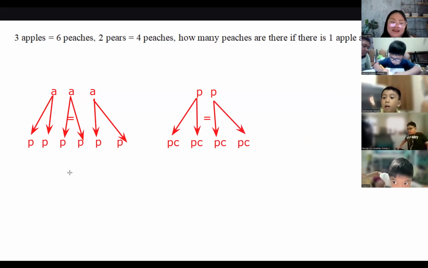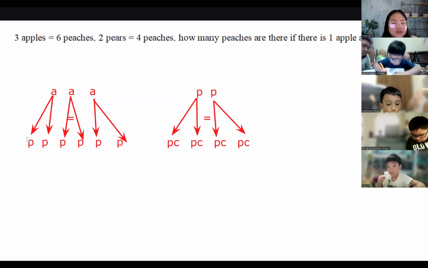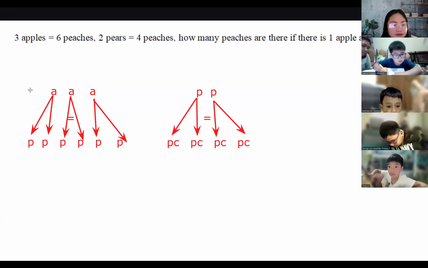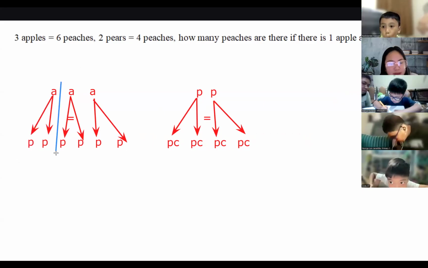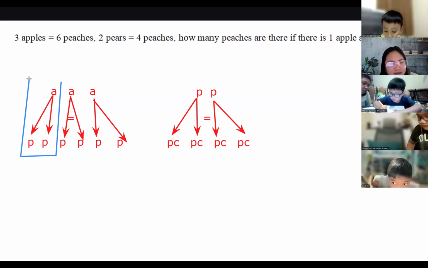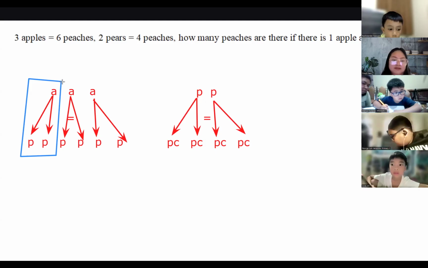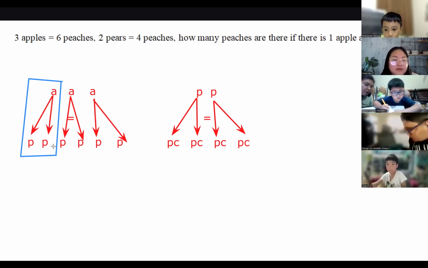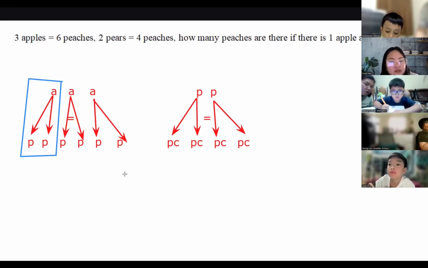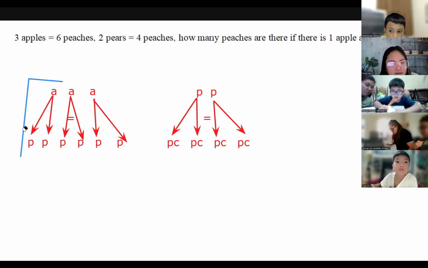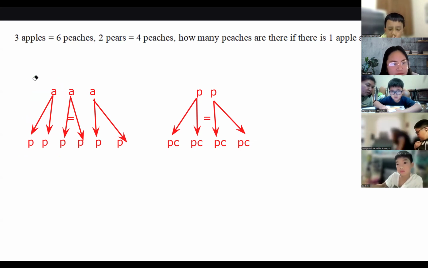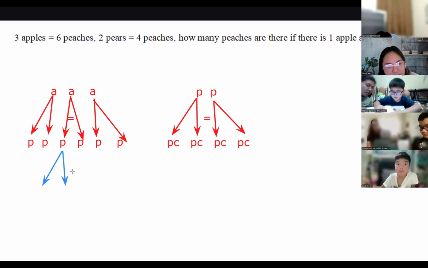You got it? Now, the question is, one apple and one pear, how many peaches are there? So let's pick one apple here, like this. And that would be equal to two pears. You see that? So now, you know that one pear is also equal to two peaches.